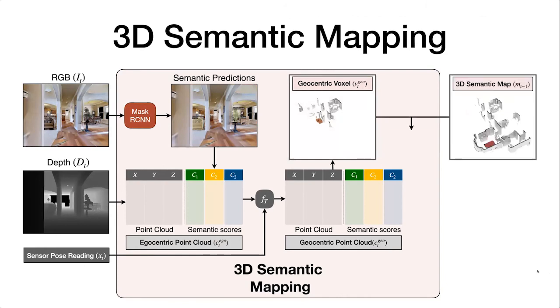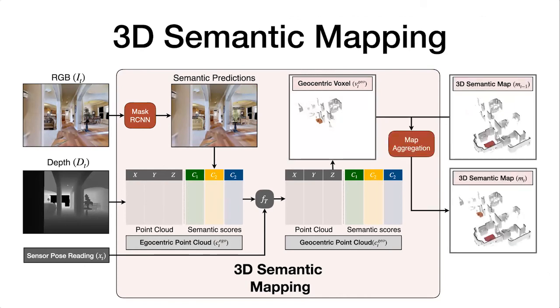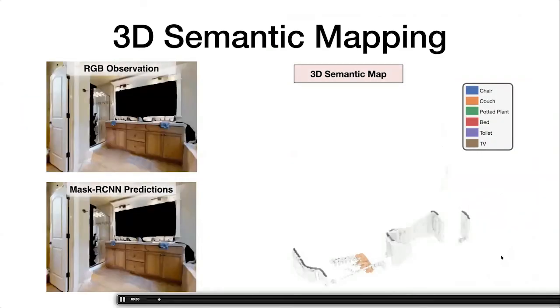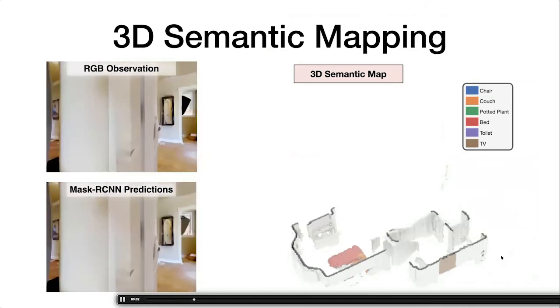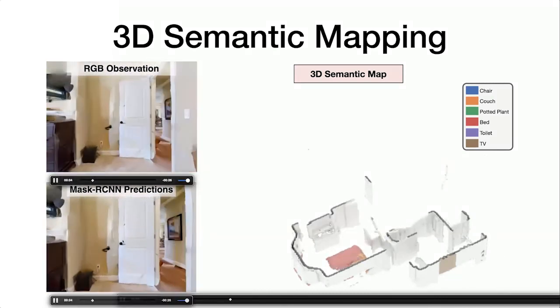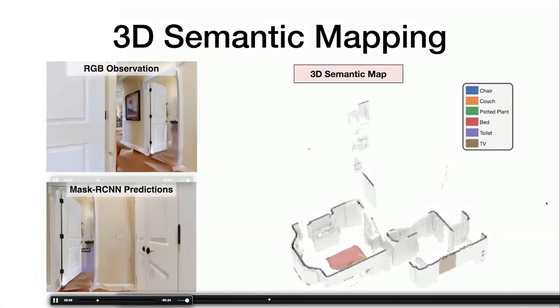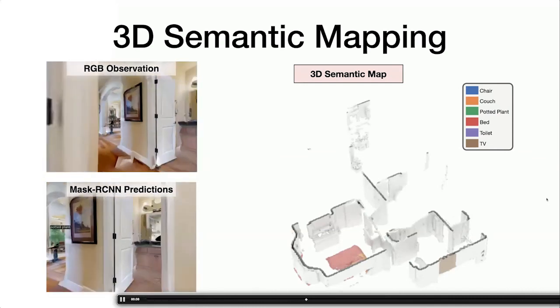The depth image gives you the geometry of the world, and you can string this together in the form of a 3D semantic map. This is what 3D semantic mapping looks like: you have RGB images, you're running Mask R-CNN, and you're incrementally building this map continuously as you go.